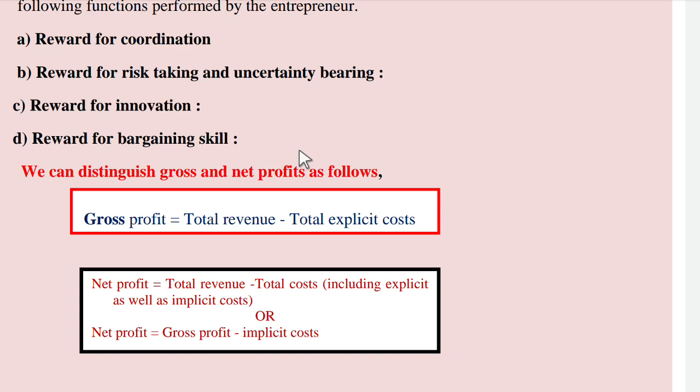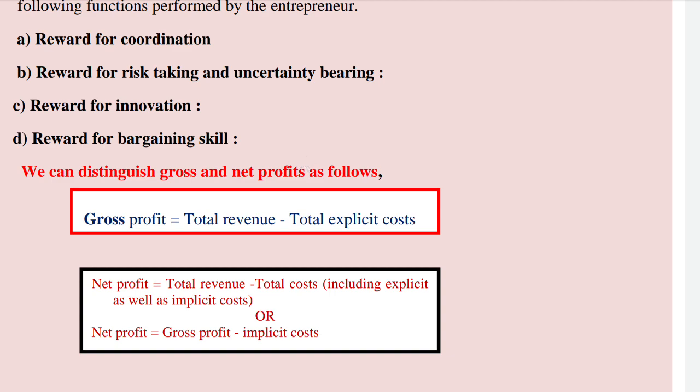If total cost, the expenditure explicit and implicit, exceeds total receipts, the net profit will become negative. Profit is the only reward for a factor of production which can be negative. Rent, interest and wages are always positive.